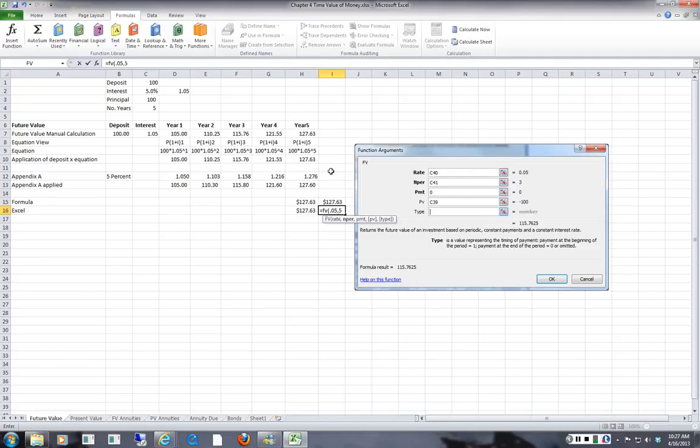I'm going to put 5 for 5 years, and the payment is 0, so I'm going to put that, and then it's got the present value, which is minus 100, and then I've got to put one more 0 there. And then I'm going to put a bracket on it, and there's $127.63. That is how we do it in Excel, which I would like you to learn how to do.